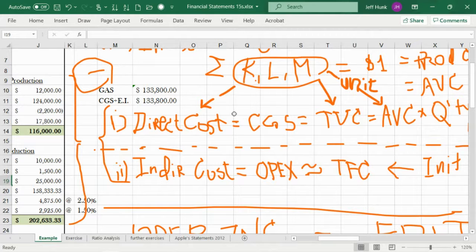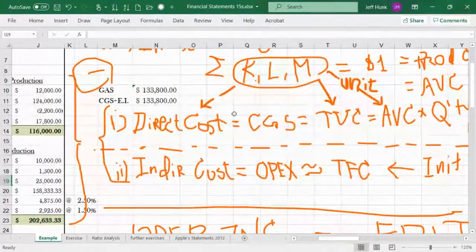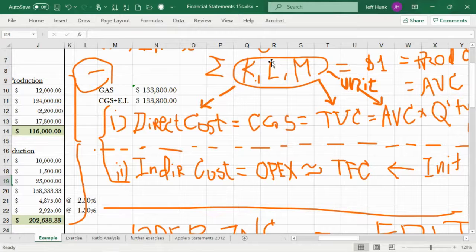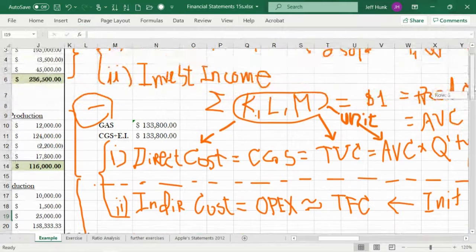But again, it changes with the total amount of this. In other words, let's say capital, labor, and material altogether are $200. Suppose that we are Dell computer, and to make a Dell computer, we need raw material, capital, and labor, and let's say it is $200.